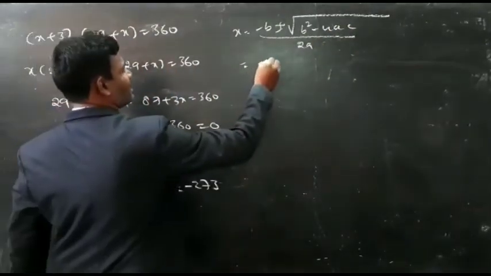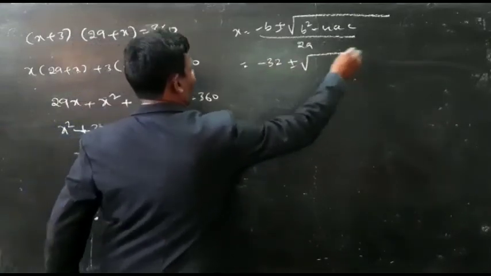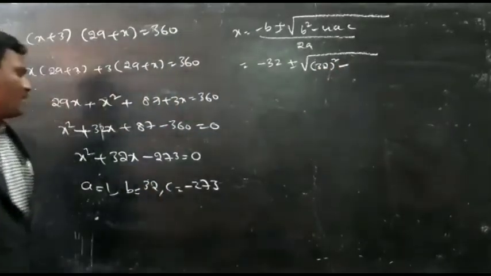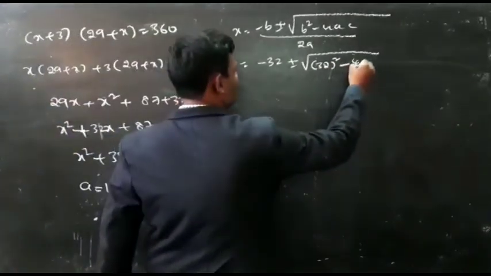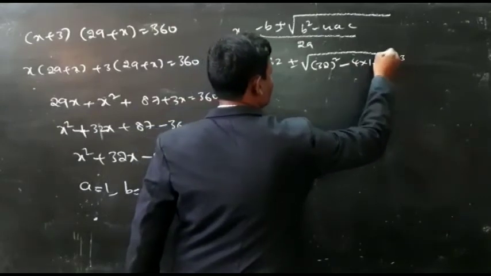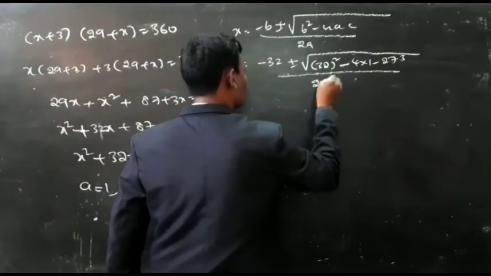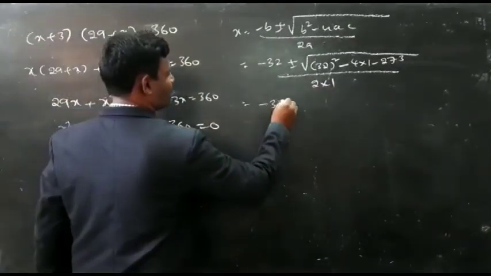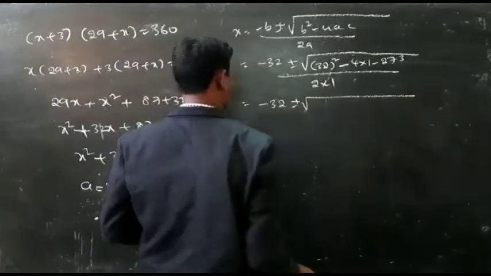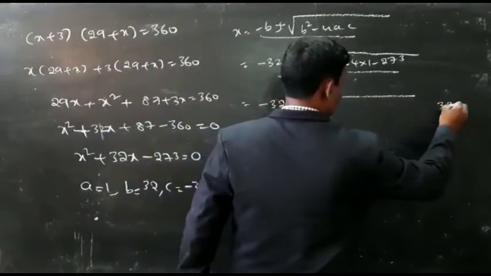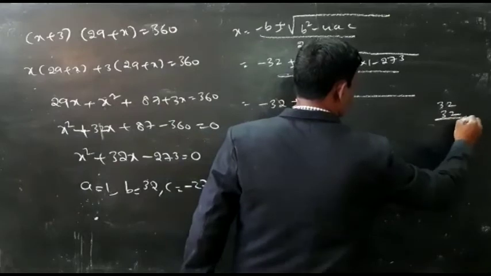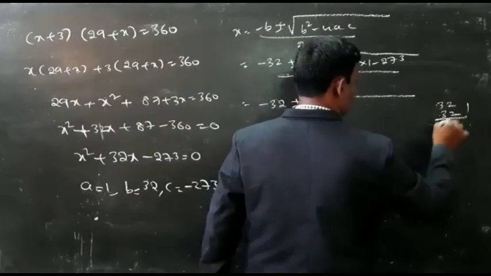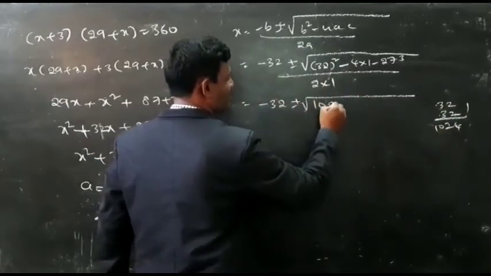Minus b means minus 32, plus or minus under root of 32 whole square minus 4 into 1 into minus 273, by 2 into 1. 32 into 32 is 1024.